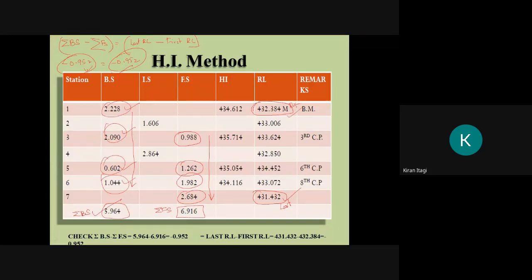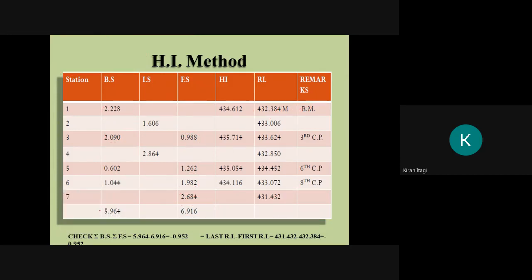This is how we do the check: summation of backsight minus summation of foresight equals last RL minus first RL. If you are getting equal answers, then the calculation that you have done is correct.